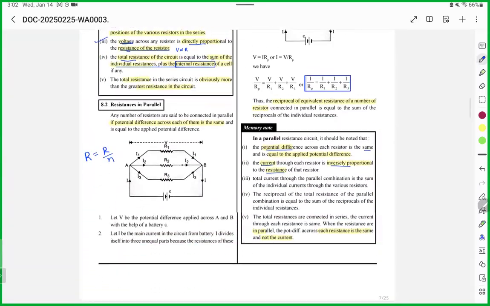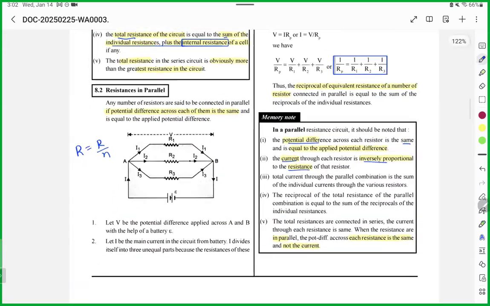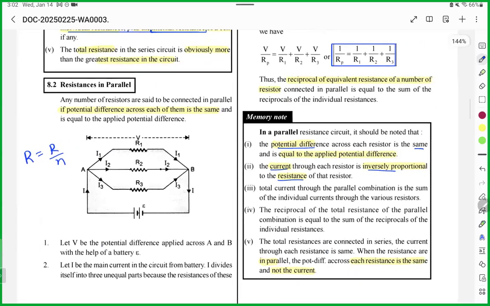Parallel is just opposite to this. One rule you have to focus on: in case of parallel, potential difference remains the same across each. Potential is the same, but current could be different or the same. It depends upon the amount of resistance. For example, if this potential is E, then it will be E everywhere.